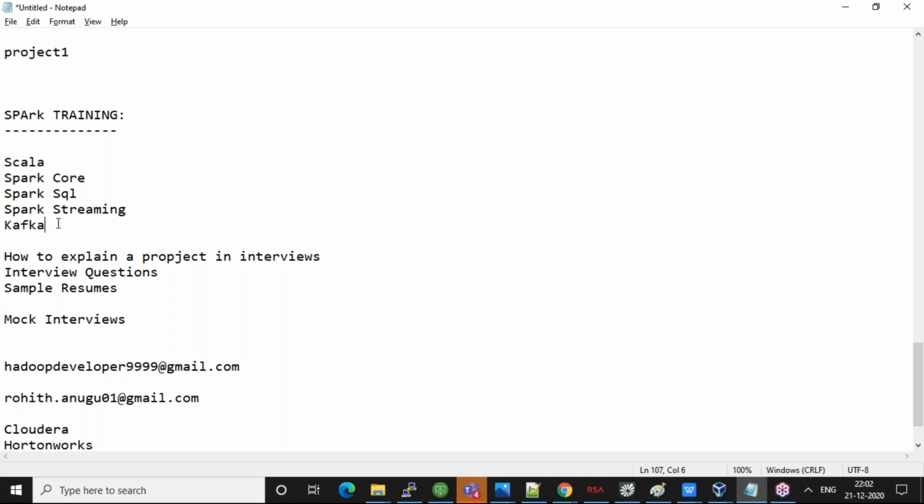Because outside in the market, no one is using MapReduce programs. We are using Spark. Why? Compared to MapReduce, Spark is 100 times faster. That's a simple one-question answer. Then they will think, okay, this person is a real-time scenario person. You can give answers confidently, then they will know this person knows everything. That's it.